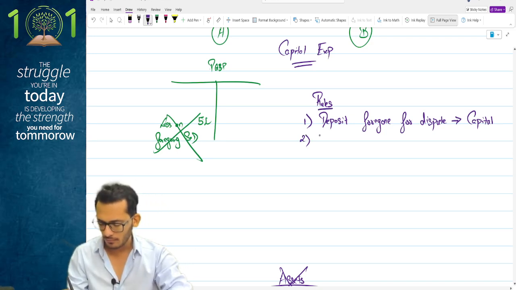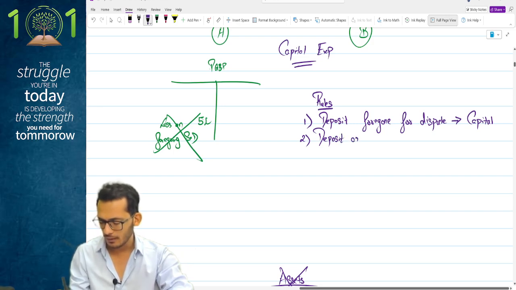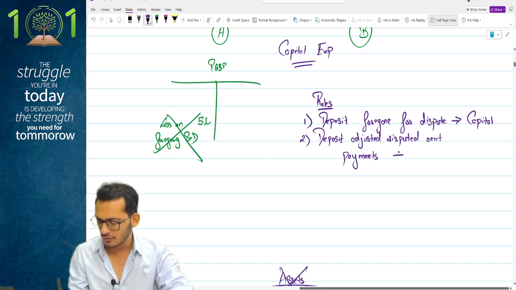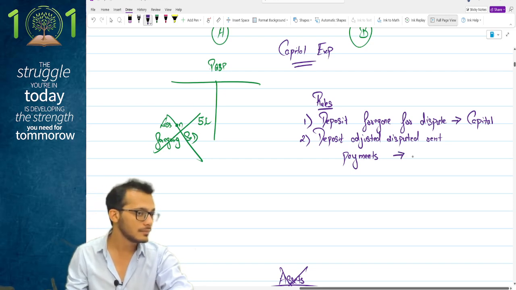Second, deposit adjusted against disputed rent payments will be called revenue.